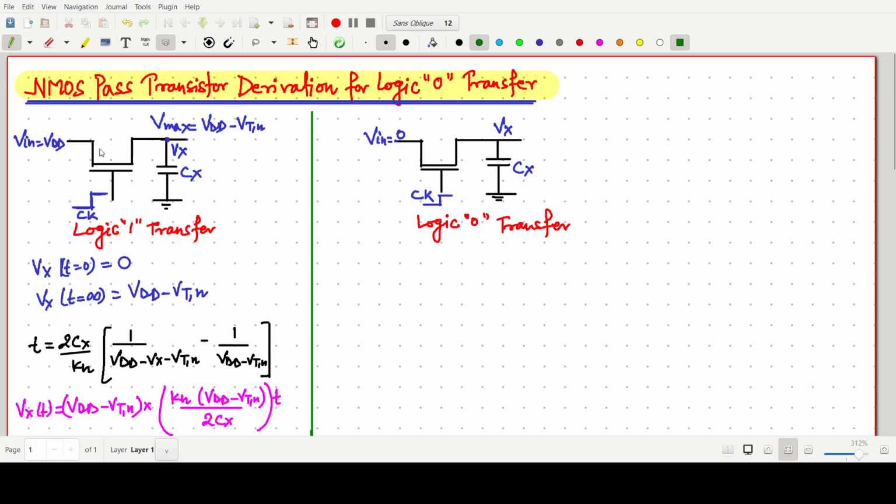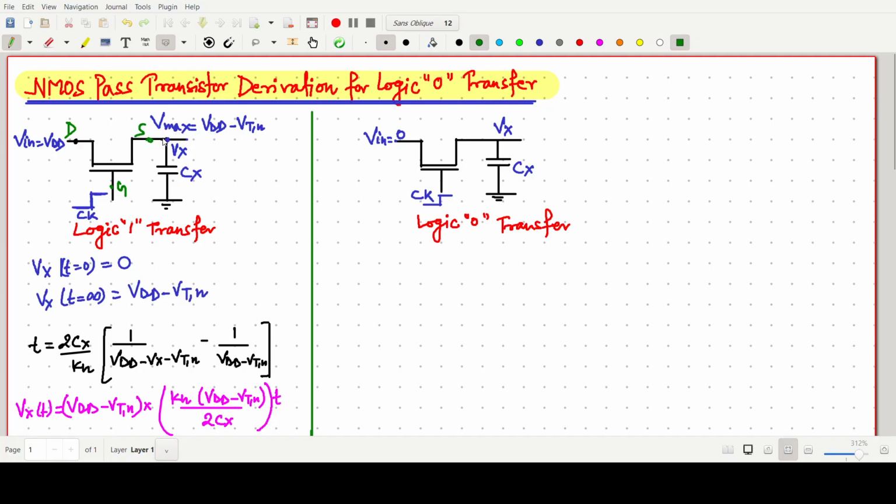So in this case, we have used a logic 1 transfer circuit, basically a basic NMOS pass transistor, in which we are giving input to this point. This point is, we have already observed, our drain, gate and source.